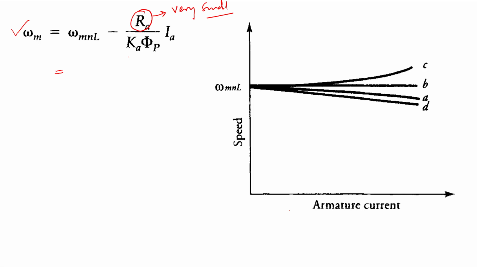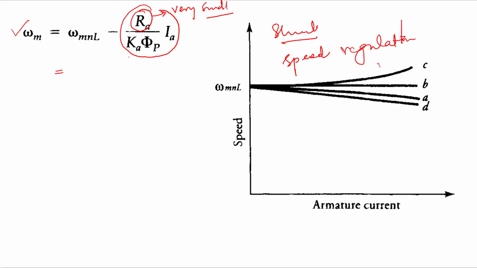As your load increases, your current will increase, the drop will be very minimal. Therefore from the characteristic you can see as the current is increasing, the drop is there but it is not very high. It is very small, right? So therefore in case of shunt motor, the speed regulation remains almost constant. It is prominent from this characteristic, right?